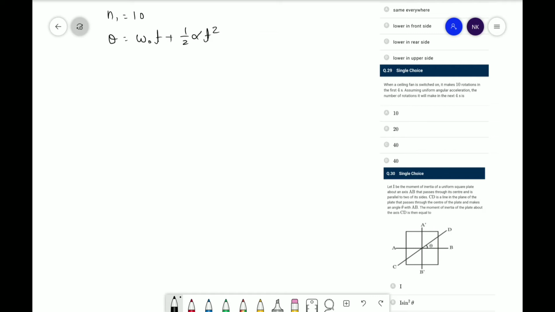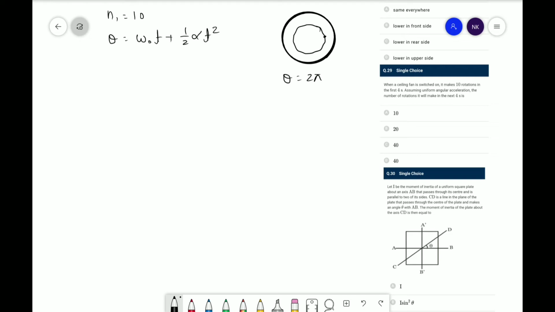Now what will be the angular displacement? We know that angular displacement is circular. Therefore for completing one cycle, theta will be equal to 2 pi, you can say 360 degrees.